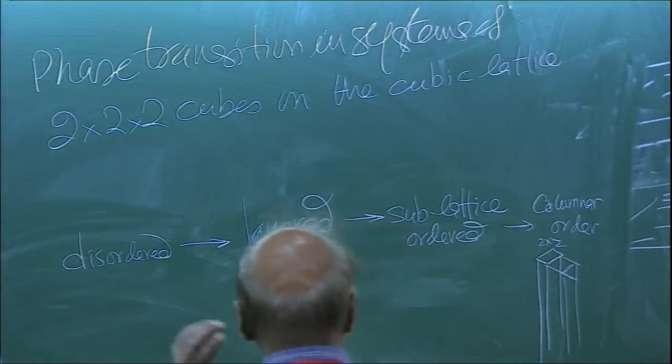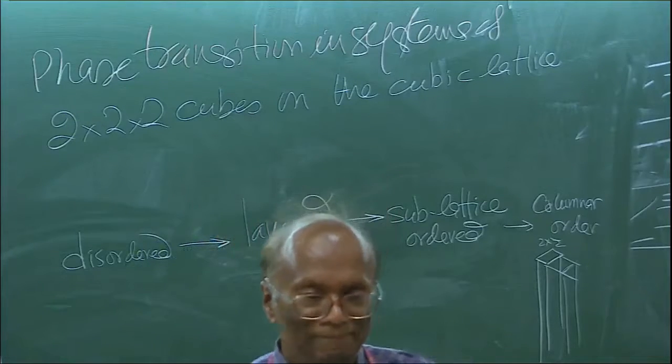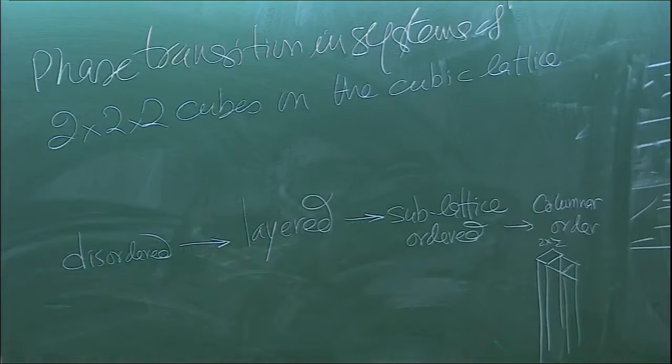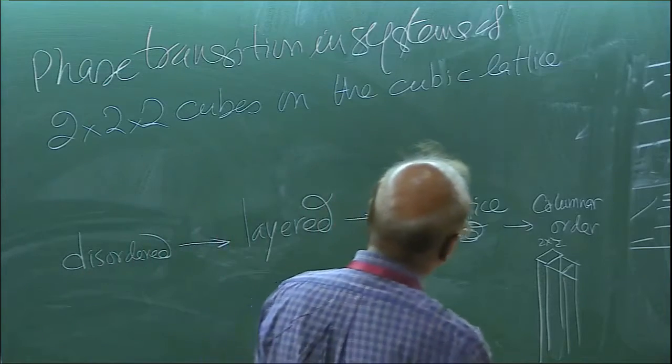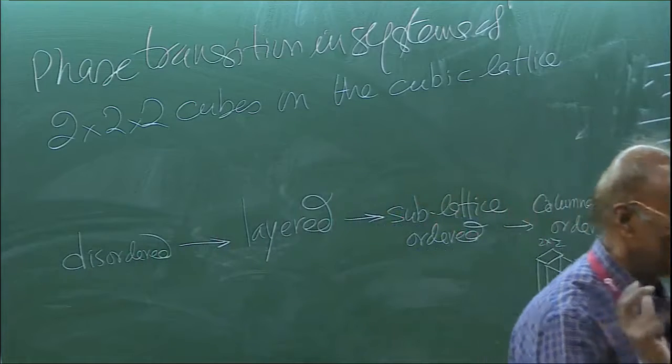Then we tried to write some Landau theory for this stuff. And it turns out that the naive Landau theory, which you write down copying from standard textbooks for this problem, that fails completely. Because the naive Landau theory does not accept the columnar order.